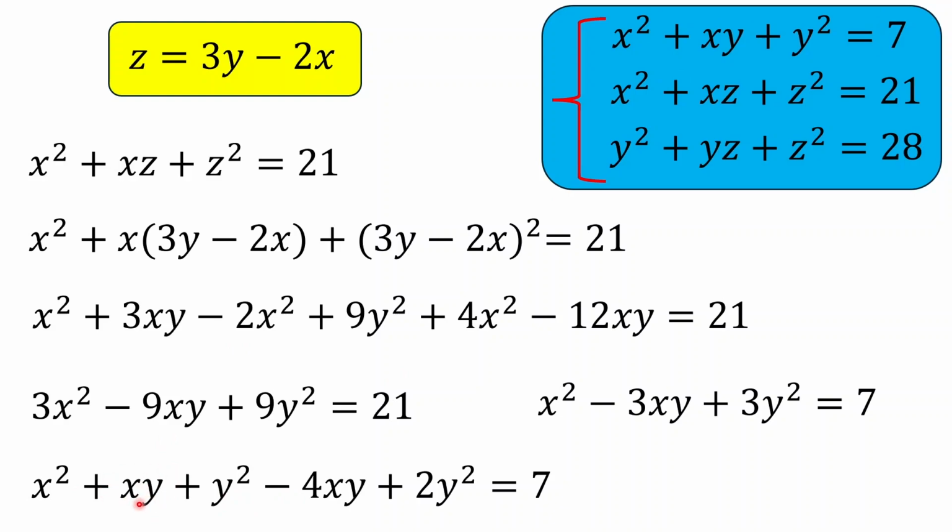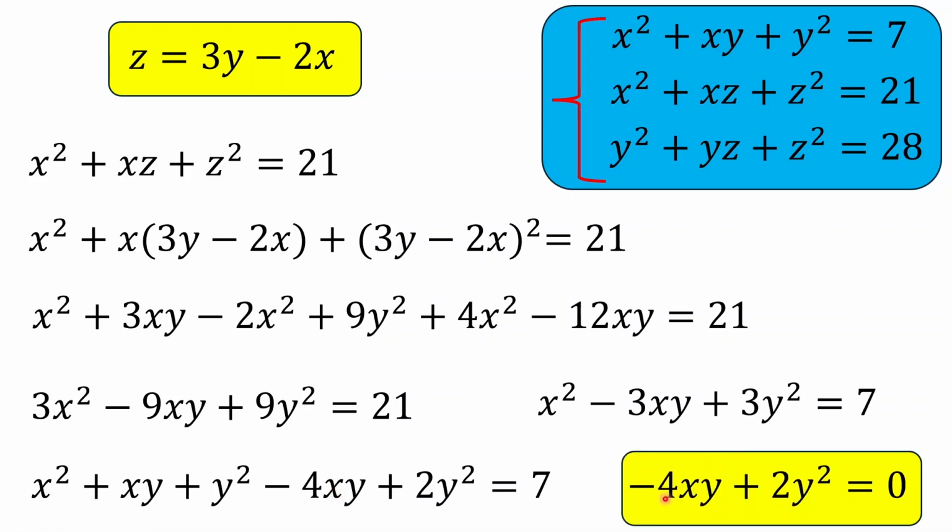And then we added xy, so we subtract one more xy, so minus 4xy. Here we take out 1y², so we would be left with 2y² is equal to 7. But we know that this term itself is equal to 7. Therefore, we conclude that minus 4xy plus 2y² is equal to 0.